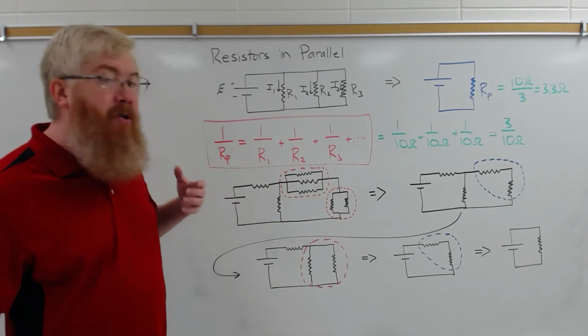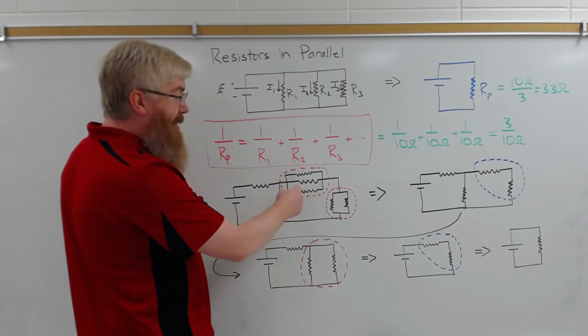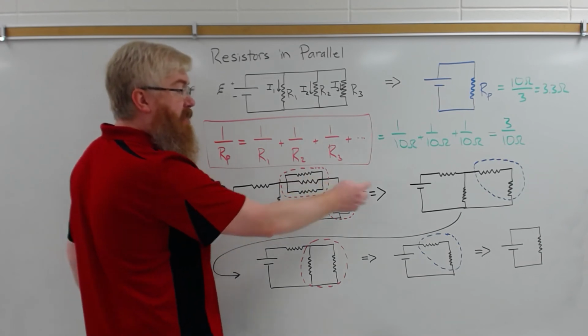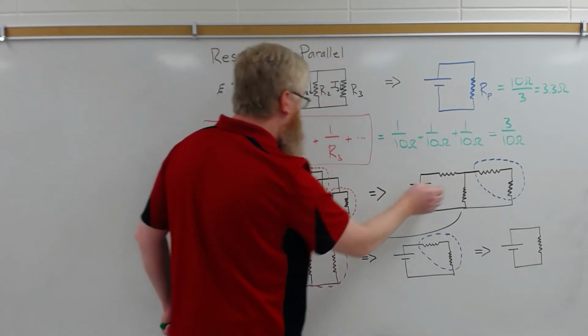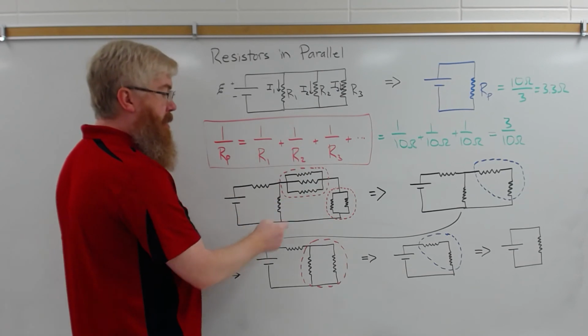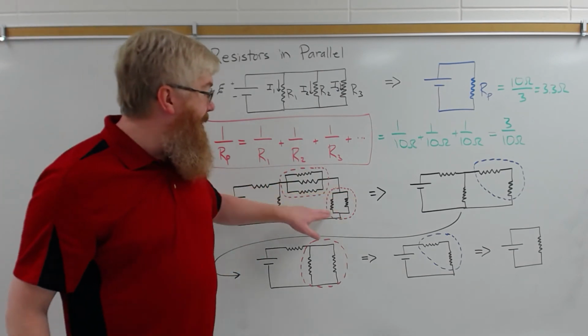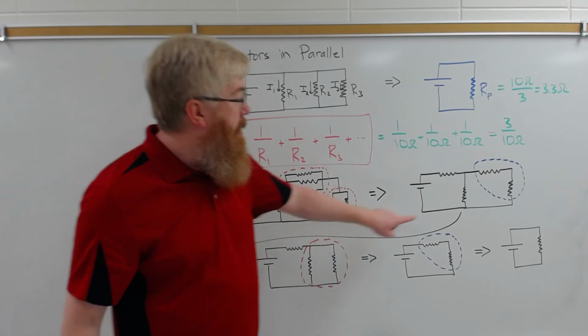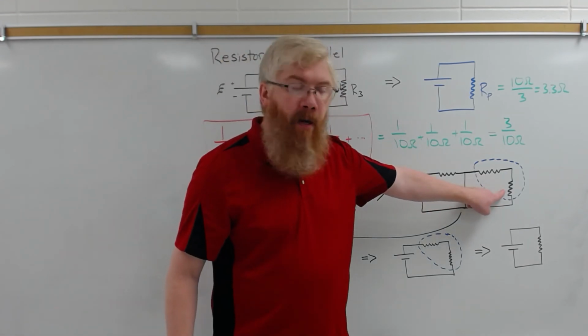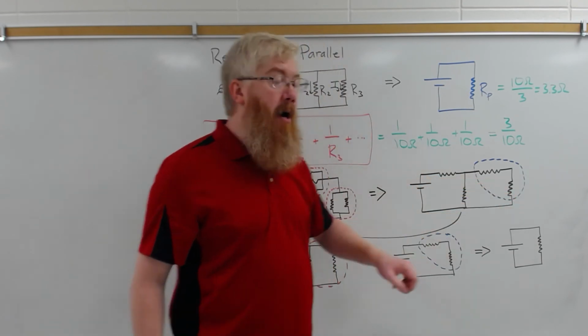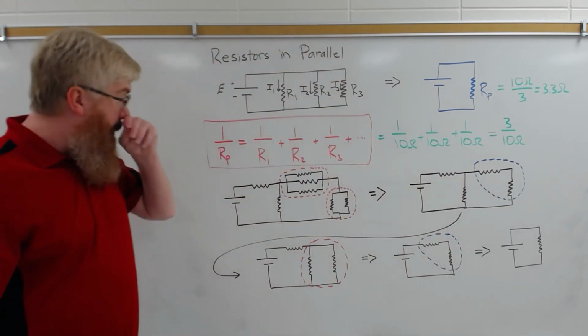So what you have to do in this situation is combine these 3 resistors into a single resistor using the equation here, depending on what the resistance values of those resistors are, and combine these 2 resistors in parallel into a single resistor. Once you know what these resistance values are, you redraw the circuit and you reanalyze it.